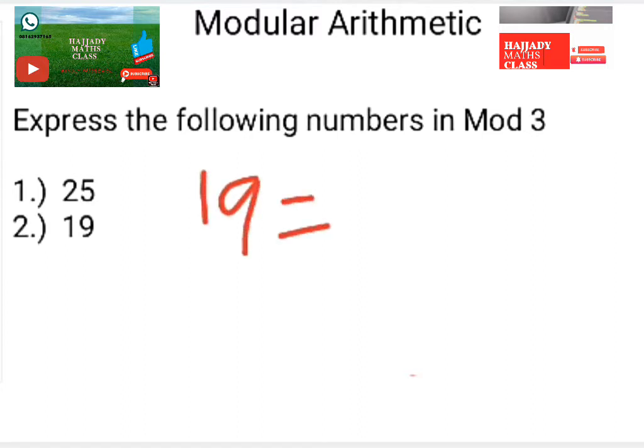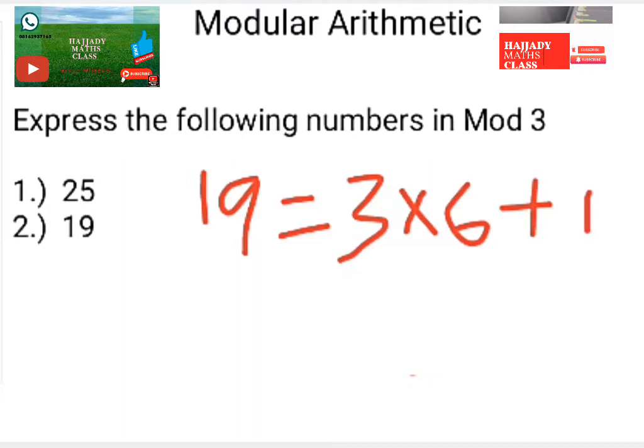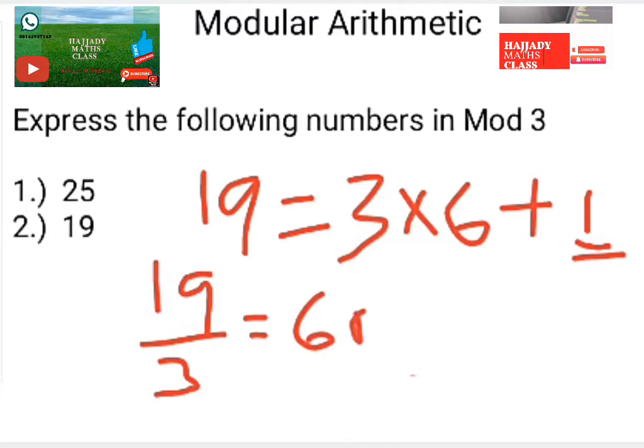The first method: what is the multiple of 3 that is close to 19? 3 times 6 gives 18. Plus 1. It can be 1, 0, or 2. So that means you have it also as 1 mod 3. Or you say 19 divided by 3, you have 6, remainder 1. So this is equivalent to 1 mod 3.